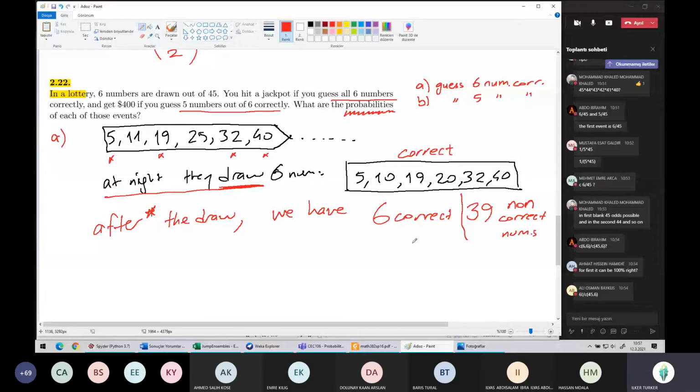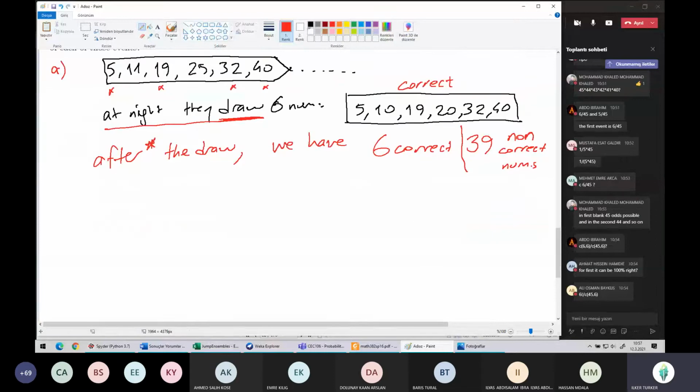Okay, and our question turns into: what is the probability that you select 6 numbers, those are all from the correct ones?